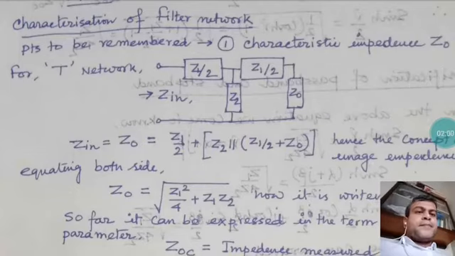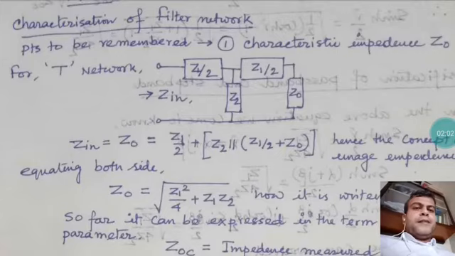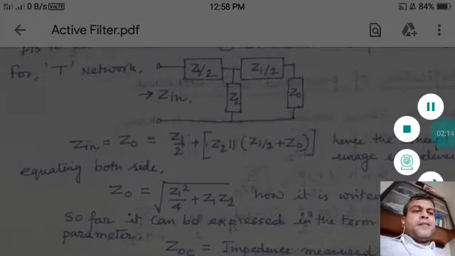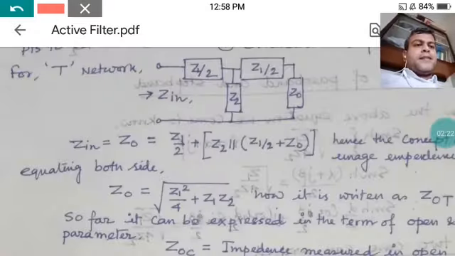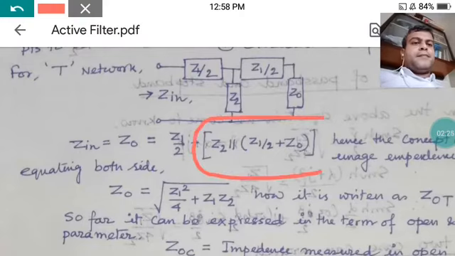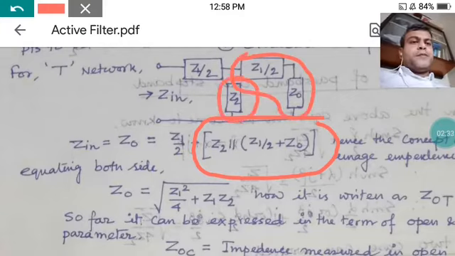If you are seeing from this side, Z in equals Z0 equals Z1 by 2 in series with the parallel combination of Z2 and the Z1 by 2 plus Z0 branch. As you can see, there is a parallel combination here, of Z1 by 2 with Z0, which is in series with the parallel of Z2, and Z1 by 2 is in series with this, so it is the final impedance structure of Z0.